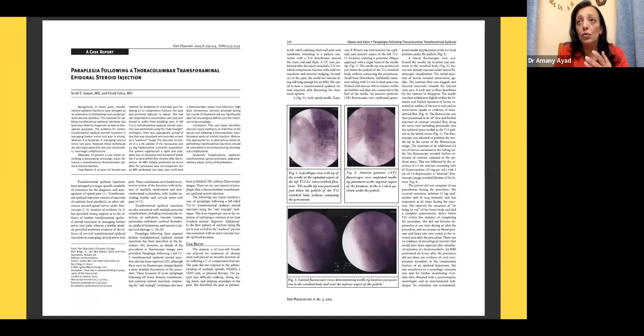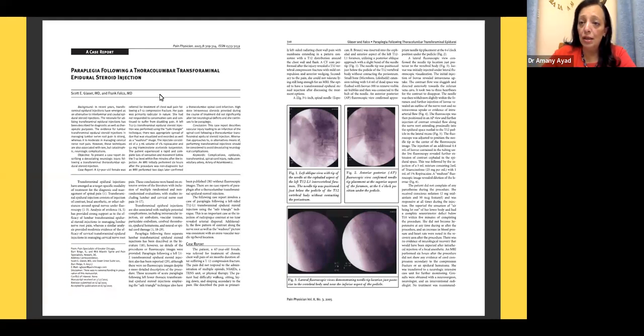Until a few years ago, there were like four case reports of paraplegia after lumbar transforaminal epidurals as high as the level L2 or L1. And this is one of them. Of course, it could be due to injection around the arteria radicularis magna, which we all know can be aberrant, and there is an incidence of having it down to the level of L1, maybe L2.